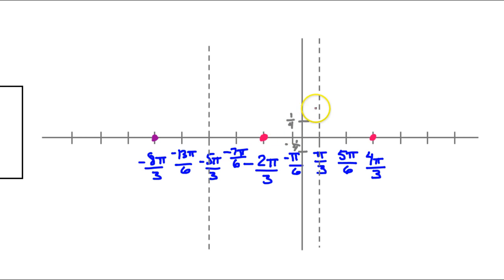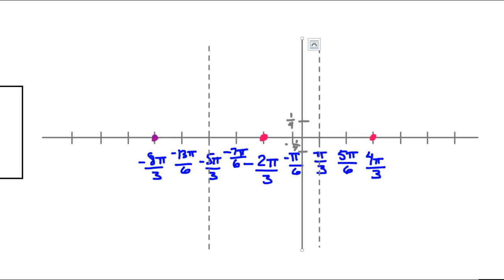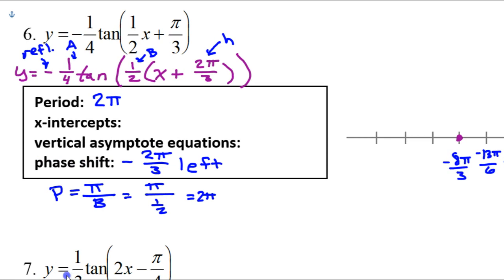So the tangent function is always increasing. Looking at the tangent function from left to right, it's rising, and then it jumps down here, but it's always rising, and then it jumps down here and it's always rising. So the tangent function is always rising. However, this is not a normal tangent function.